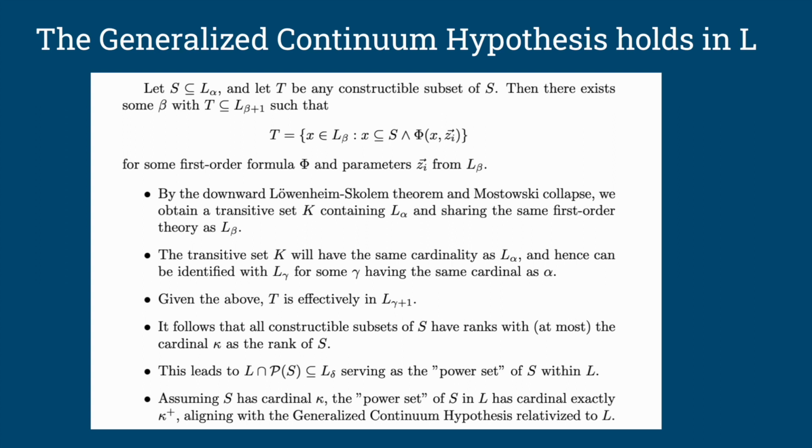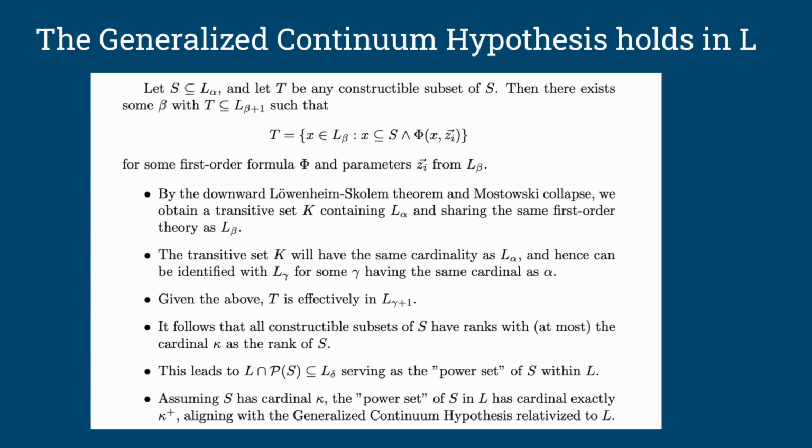And this leads to L intersect P of S serving as the power set of S within L. So by intersecting the universe, this constructible universe L, with the power set of S, which is like gathering all possible groups of elements from S, we find that they all live on or before the floor delta in our skyscraper.